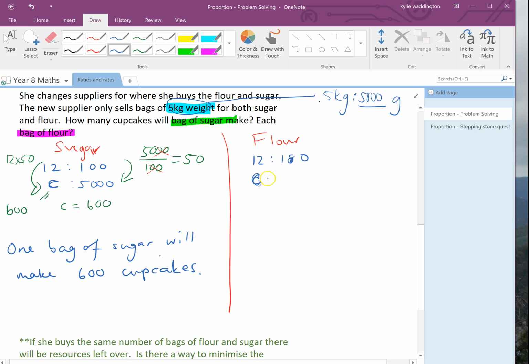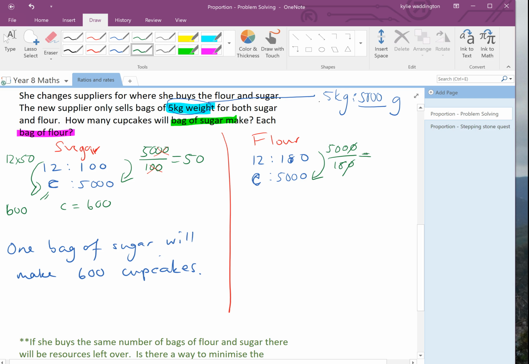Again, we want to know our number of cupcakes, and we know that we have 5,000 grams of flour. What makes this a little bit more challenging is it isn't going to be so easy to simplify. We can get rid of 1 zero, but it really doesn't change what we need to do.